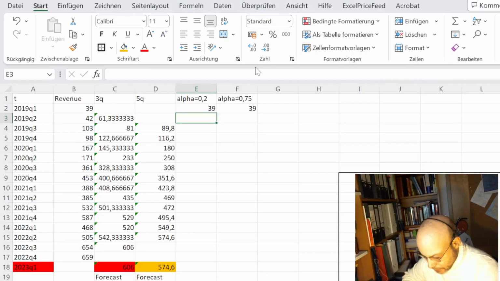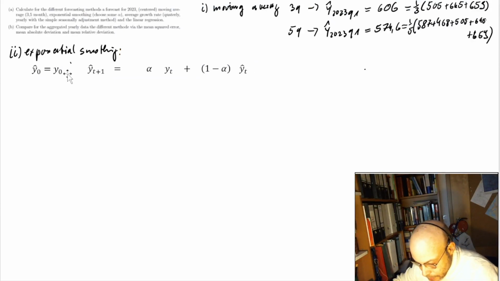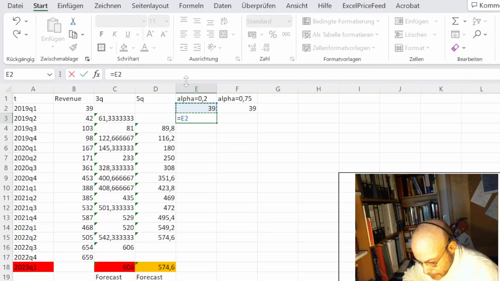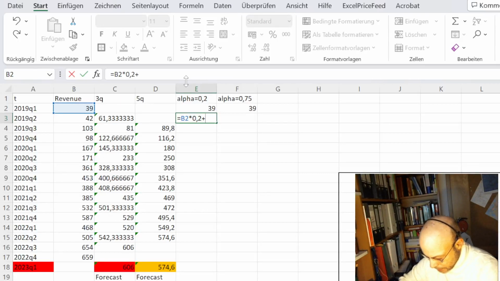So what we take then is in alpha equals 0.2 the next data point equals the true data point times 0.2 plus 1 minus 0.2 times our forecasted value.